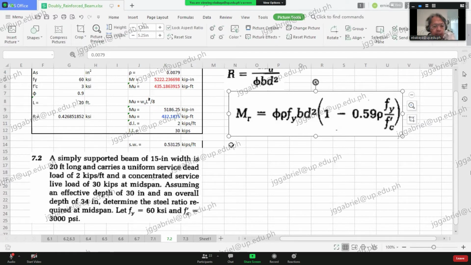Assuming an effective depth of 30 inches and an overall depth of 34 inches, determine the steel ratio required at mid-span. Let Fy equal 60 ksi and F prime C equal 3000 psi.